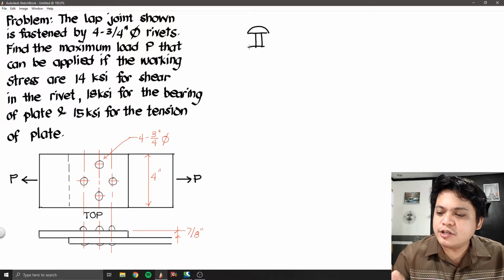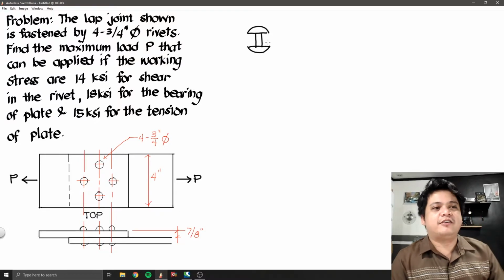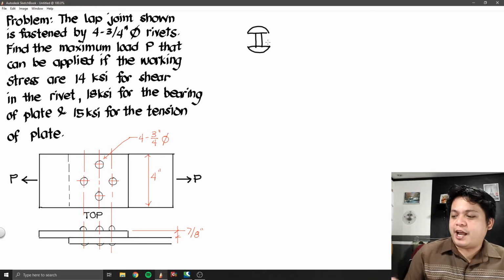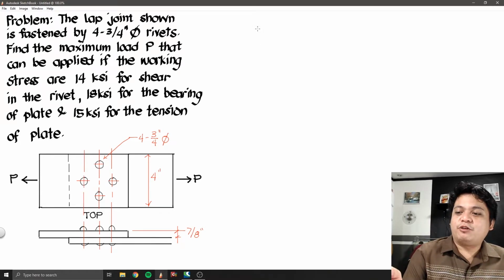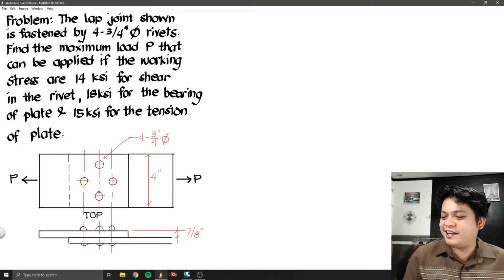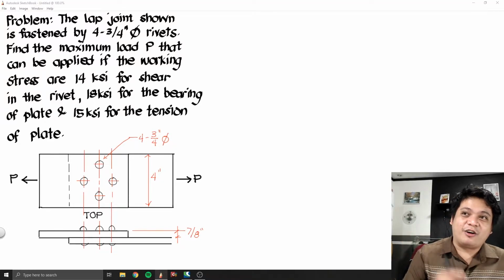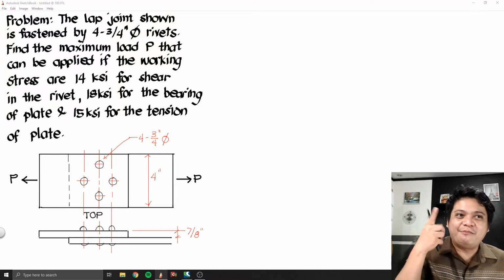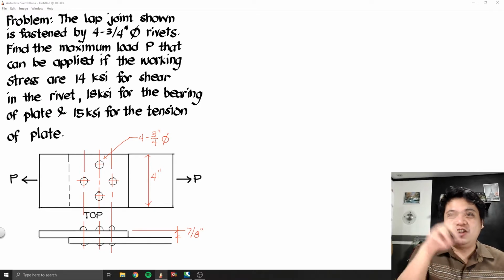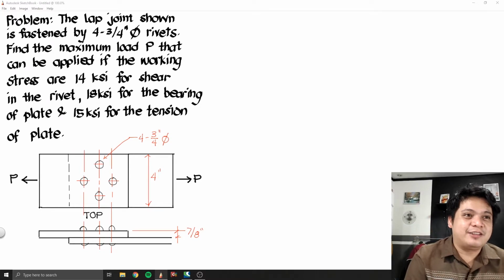Mga ganyan yung ulo niya. Dati, yan yung ginagamit. Ngayon, yung modern rivets, yun yung ginagamit kung meron kang rivet gun, yung sa mga bubong, yung babarilin mo. Ganun din yun. Medyo semi-circle din yung pinakaulo niya.